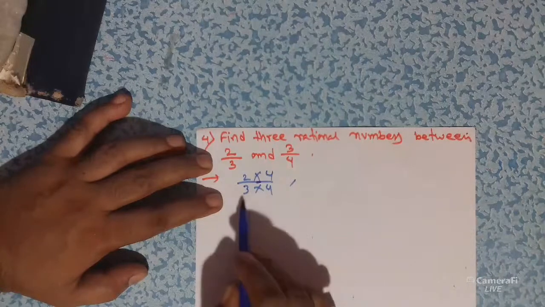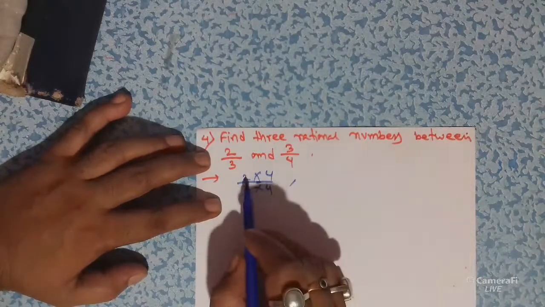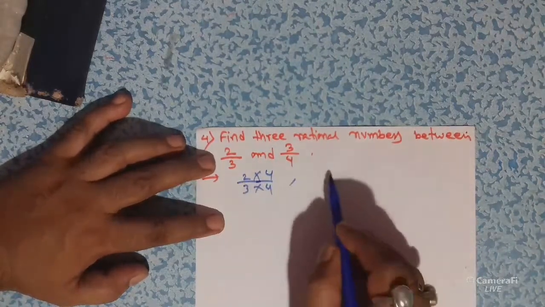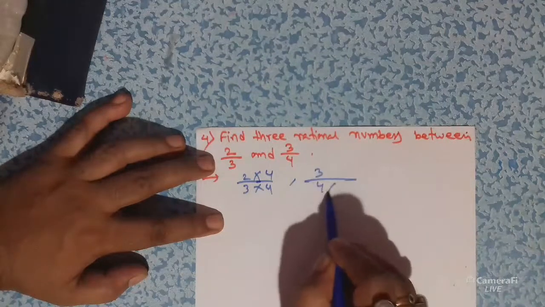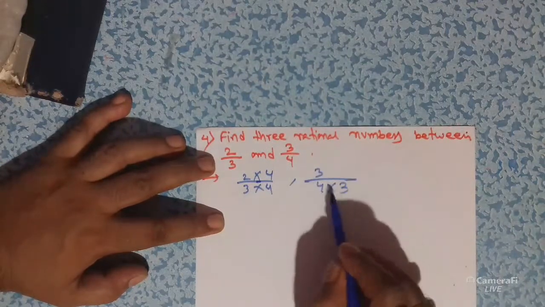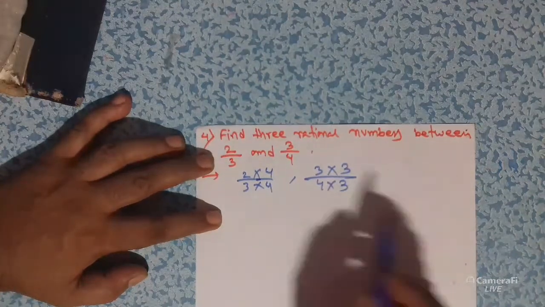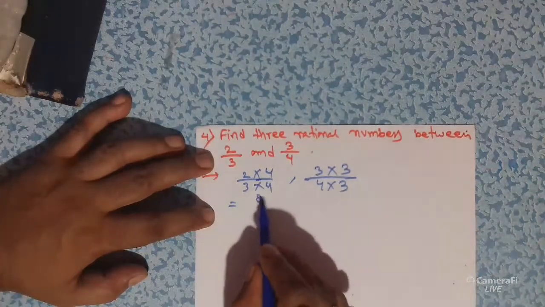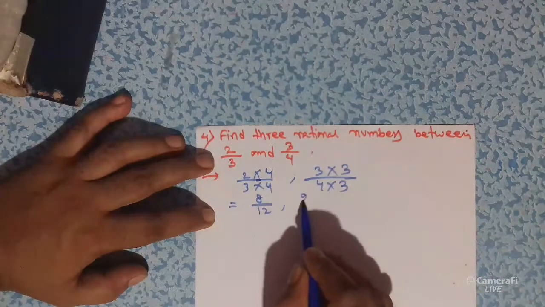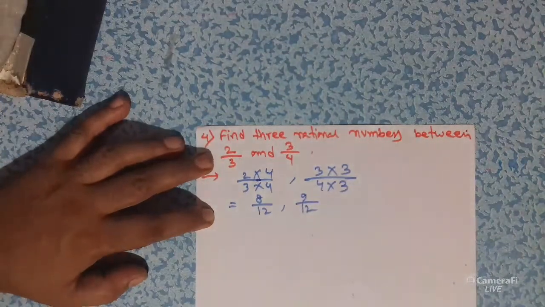So if we multiply 3 with 4, then we have to also multiply the numerator with 4. And similarly, if we multiply this denominator by 3, then we have to also multiply the numerator with 3. Okay. Now it is 8 by 12 and it is 9 by 12.